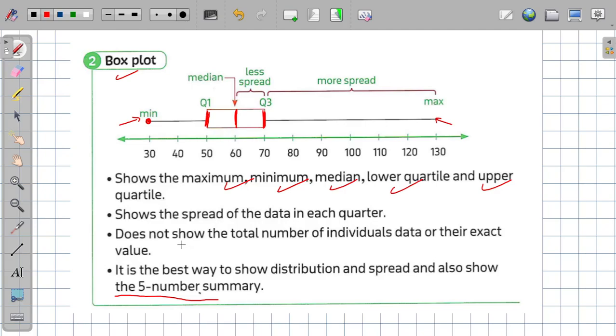If we want a way to show the spread of data in each quarter, we can choose the box plot. If we want a way to represent the data and to show the distribution and the spread and show the 5-number summary, we can choose the box plot.